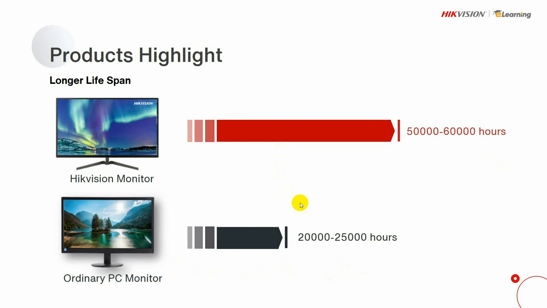Like I said before, our monitor has a longer lifespan compared with an ordinary PC monitor. It has a 50,000 to 60,000 hours lifespan, but an ordinary PC monitor only has a 20,000 to 25,000 hours lifespan.